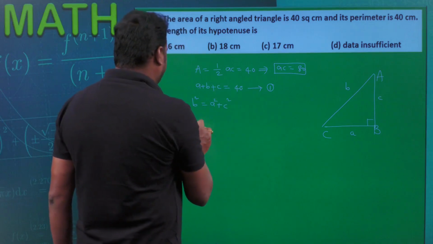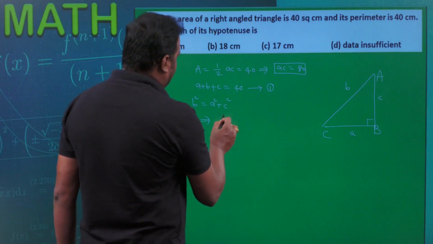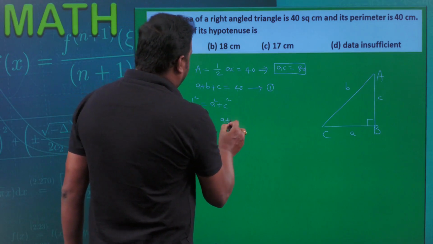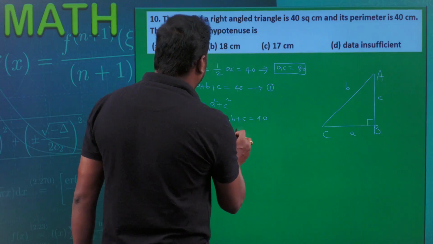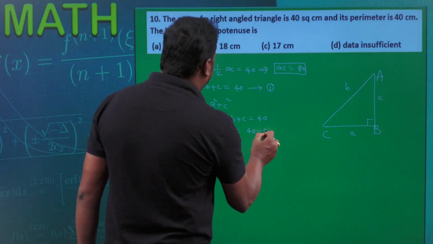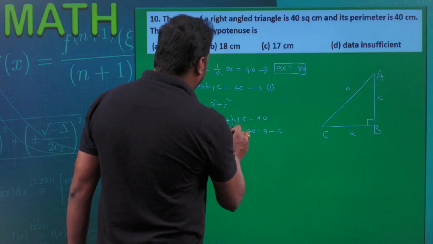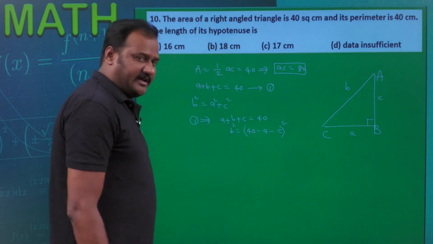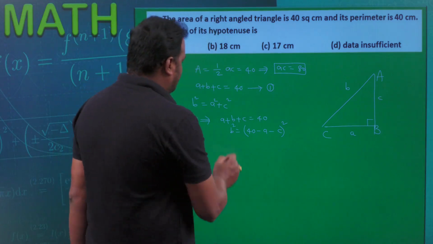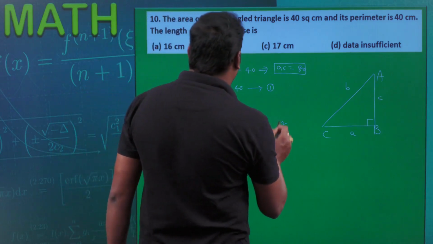I am taking the first equation, that is a plus b plus c is equal to 40. From this, b is equal to 40 minus a minus c. b square is equal to 40 minus a minus c whole square. Am I clear?